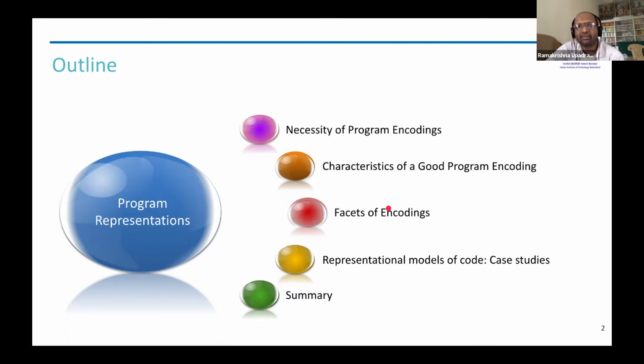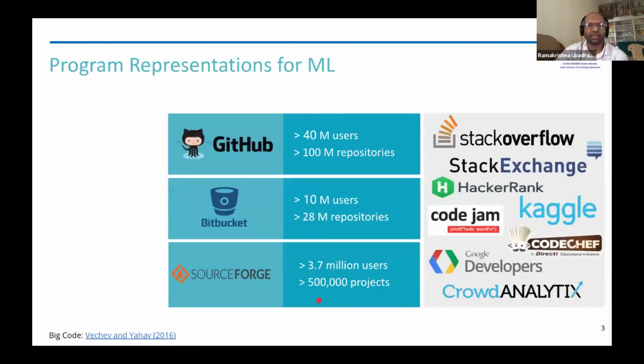Then we understand the various facets of encoding. We have a threefold classification of the encodings. Then we see multiple case studies. There are a couple of papers from Israel, one paper from ETH Zurich, and one work from our group itself. We'll cover them, and then finally we'll summarize. This is the outline of this talk.